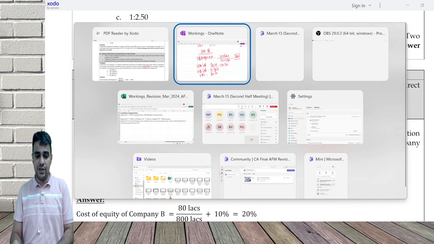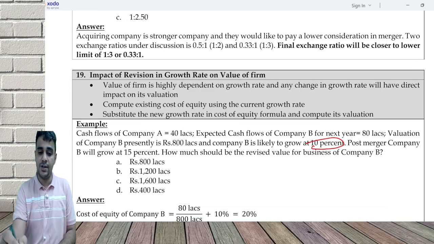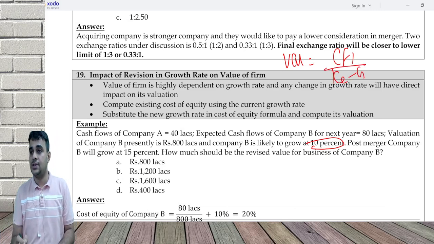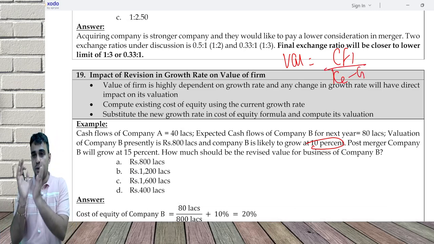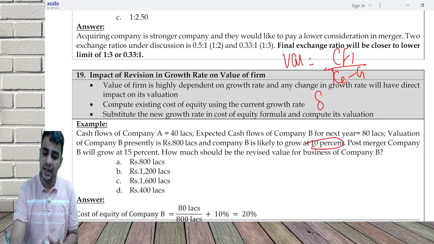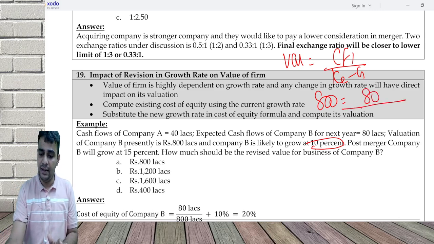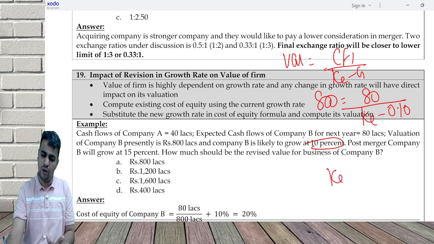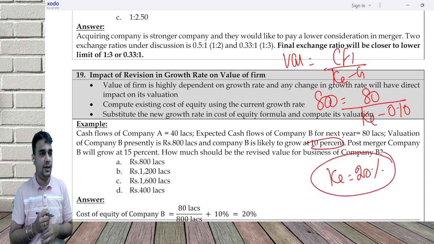The formula which we normally use for Gordon is value is equal to CF1 divided by K minus G. Talking about company B, today the value is 800, expected cash flow is 80 divided by KE. Growth rate is 10%. If you do the interchanging, KE will turn out to be 20%.